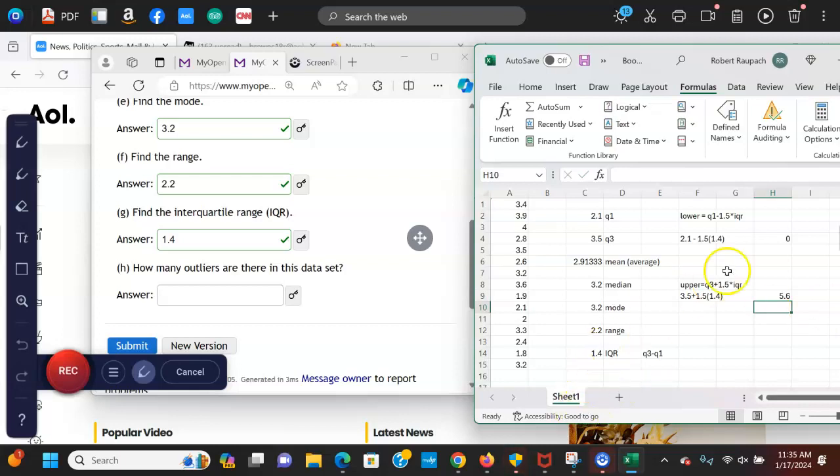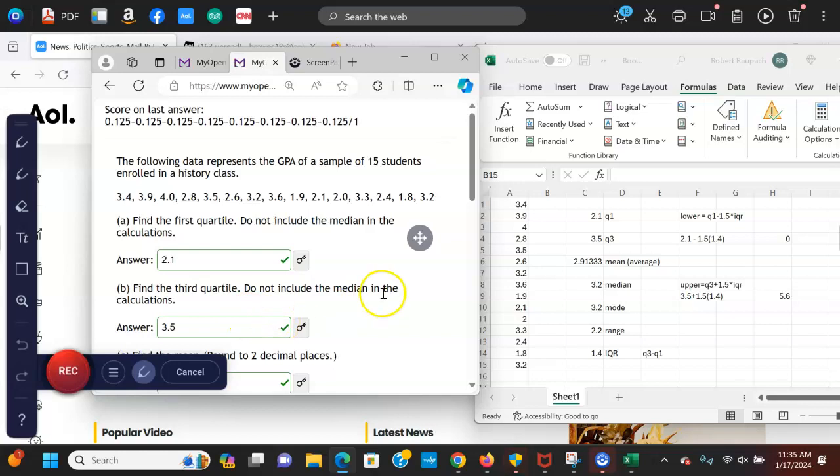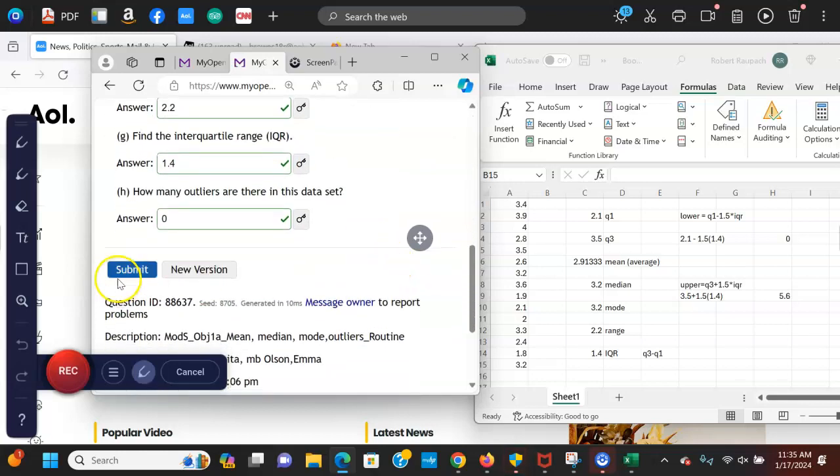So if there is any data above 5.6, that would be an outlier. So any data between 0 and 5.6 are not outliers. And there is no data below 0 or above 5.6. So the number of outliers in this data set is good old goose egg. Okay, hope that helps.